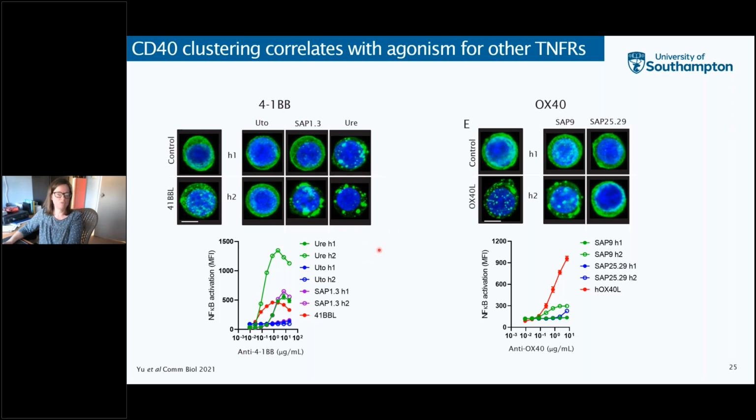And similar to CD40, the human IgG2 isotype conferred more prominent clustering and also stimulated higher levels of NF-kappaB here, which is also a measure of agonistic activity. And the same was true for OX40.